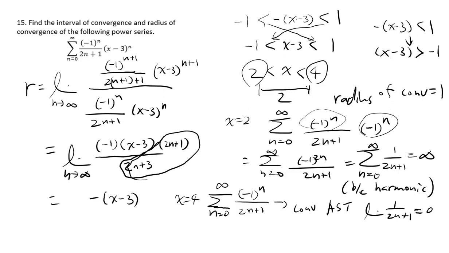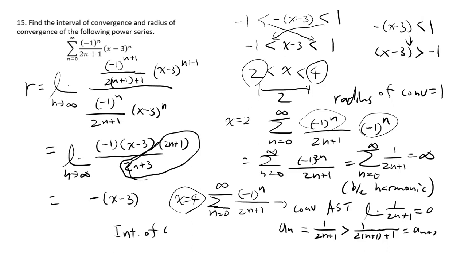And also 1 over 2n plus 1 is definitely bigger than 1 over 2n plus 3, which is a sub n plus 1. Okay, so therefore, since x equal to 4 does converge and 2 does not, the interval of convergence is 2 is not included, but 4 is included. So that's the final answer.